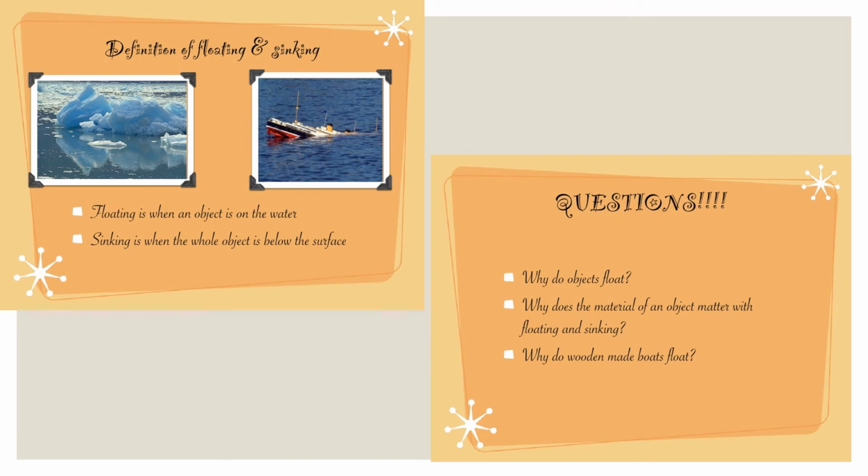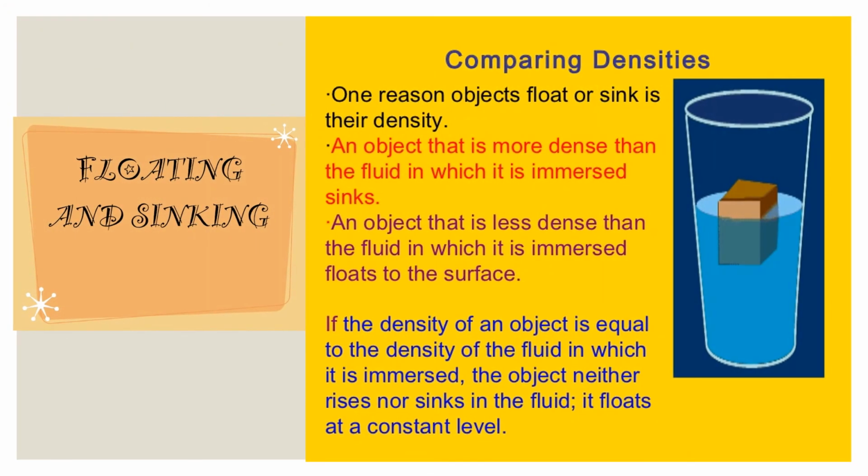In the picture you can see the object. Here we'll discuss densities. As you can see in the points, one reason objects float or sink is their density.